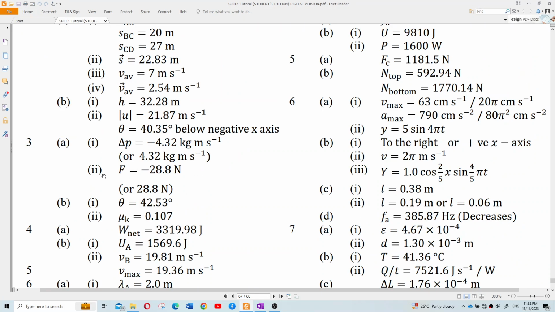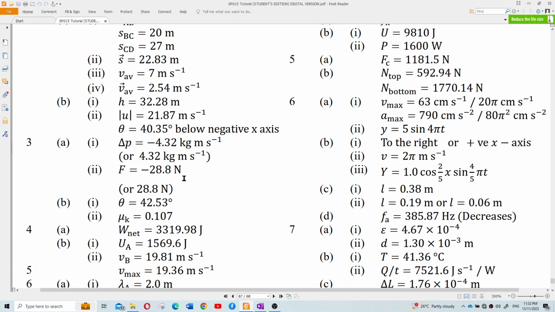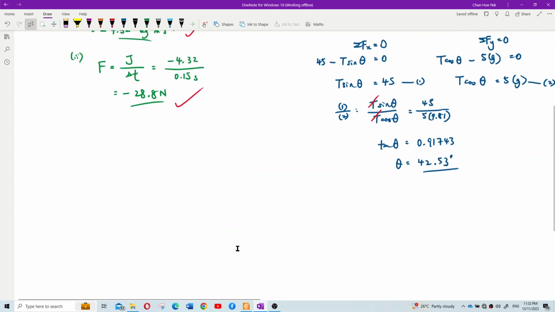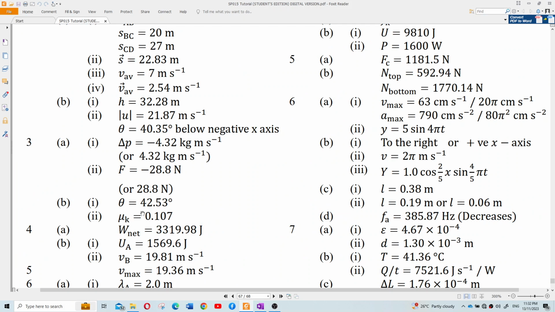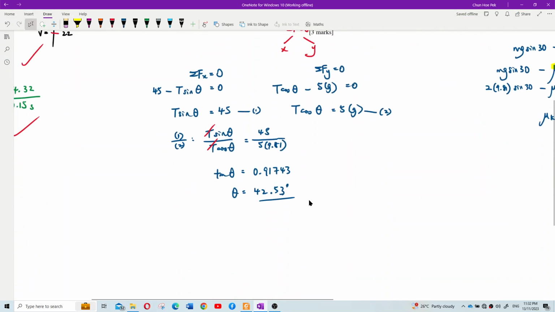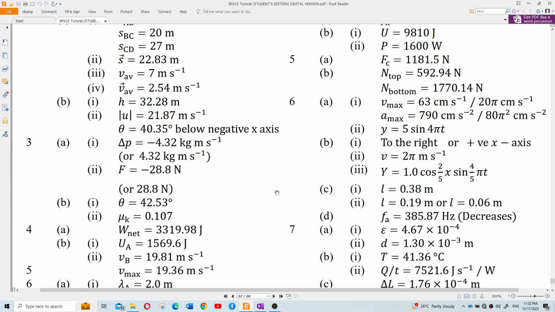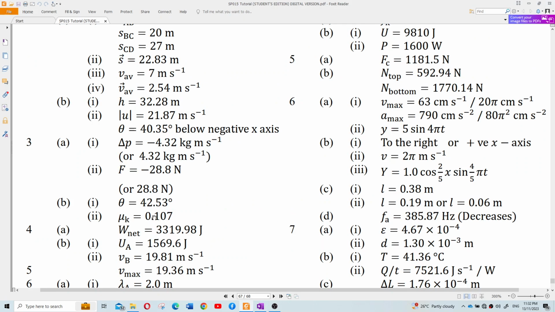Then number 2 is negative 28.8 Newton. Good, done. So question B1: 42.53, 43, that's right. That is correct, 42.53.